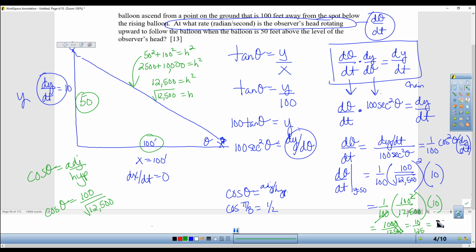Divide by 5, that's 2. Divide this by 5 is 25. 2 over 25. There you go.